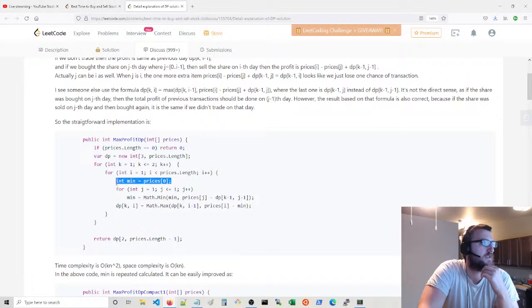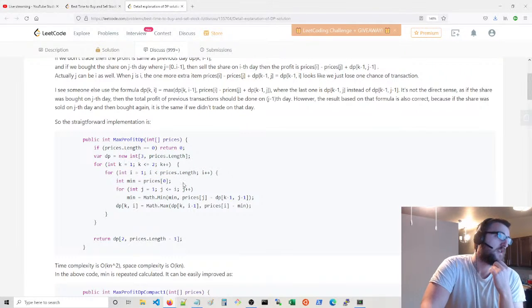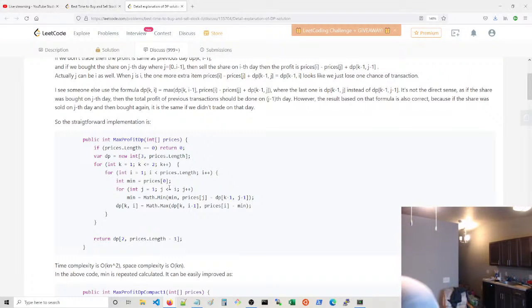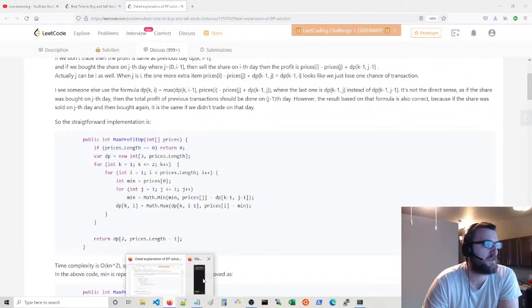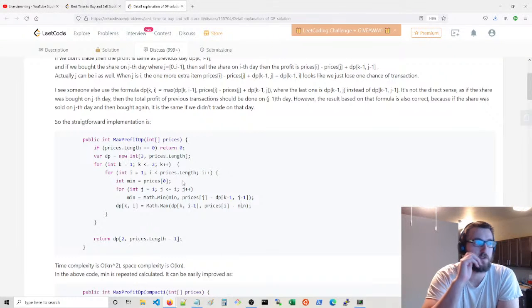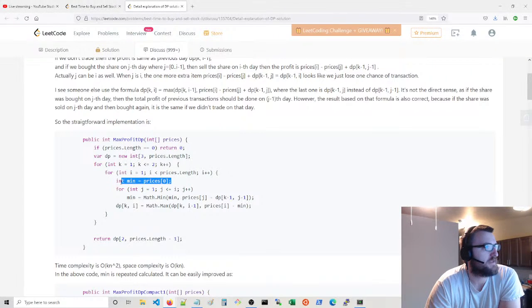Now this you don't need to do here, this really should be outside the loop, by the way, because that's a lot of extra redundancy, but that's okay. This is the way that he thought this through. It's still really efficient. But yeah, this should actually be outside the loop here.